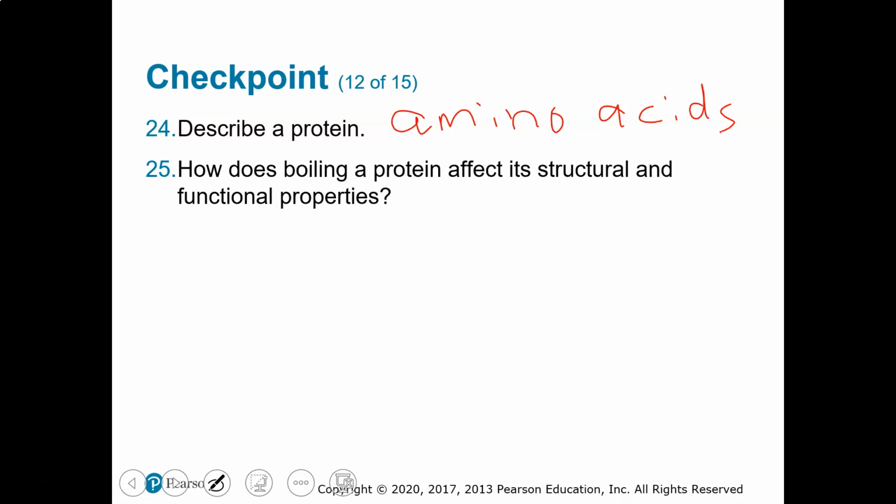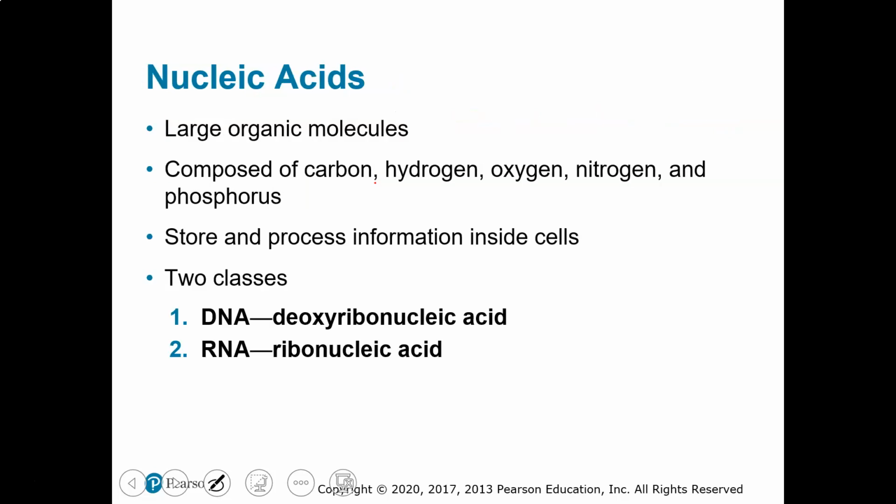And the quaternary structure is combining several tertiary structured proteins together. So it's a combination of several tertiary structures linked together. And boiling a protein can denature the protein and affect its properties by completely destroying the properties that it has.